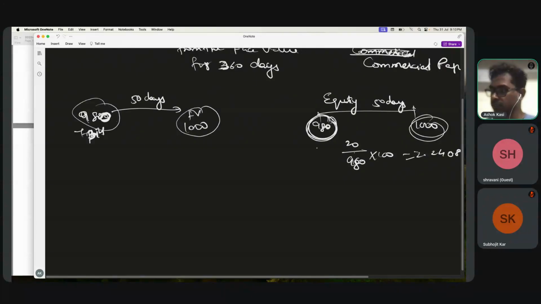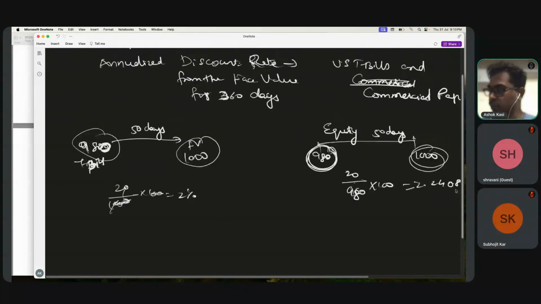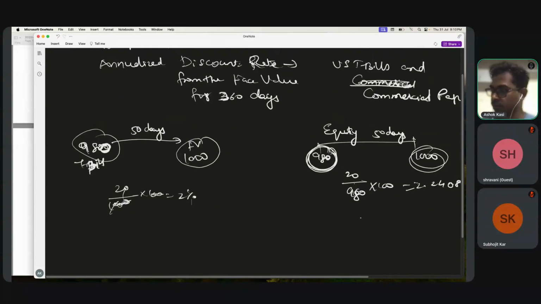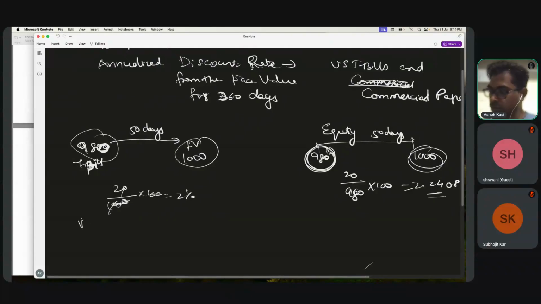You are getting the difference here. How will I calculate? 980 out of 1000 I'm getting. For treasury bill, I will calculate profit based on the face value. So that comes to 2%. And here it is 2.0408%. This is called what? This is called discount rate.